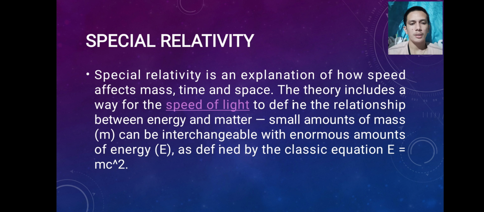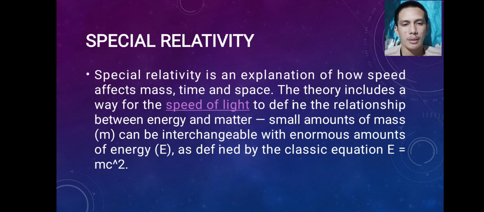The laws of physics are the same in all inertial reference frames, and the speed of light in a vacuum is constant for all observers, regardless of their motion. So basically, special relativity provides us with an explanation of how speed affects mass, time, and space.